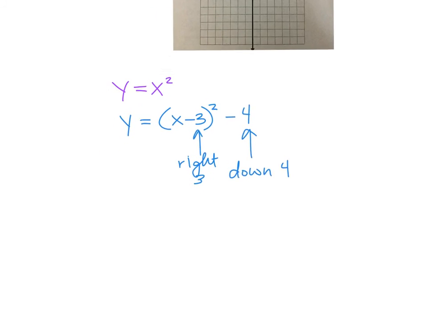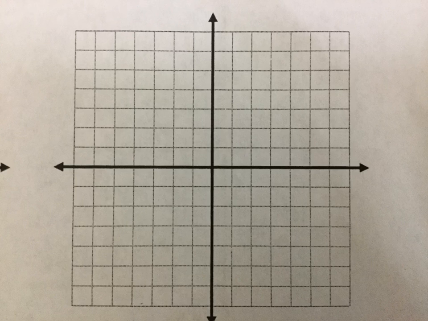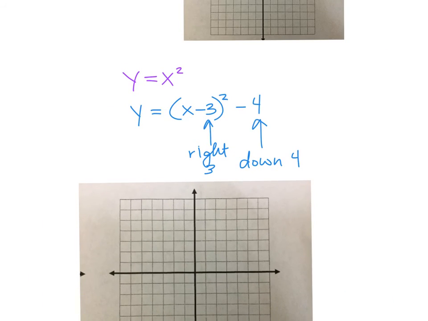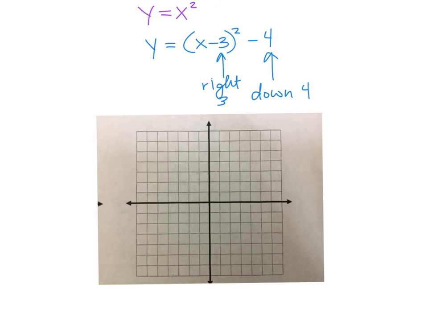So if my parent function is this, don't talk, just listen. My parent function is never changing. This is a squared, so it's the U-shaped curve. There's my parent. I need to go down 4.